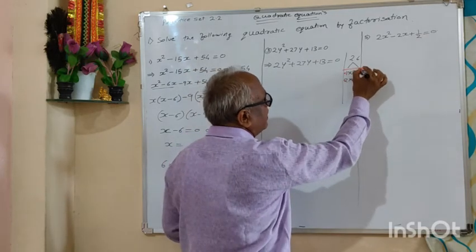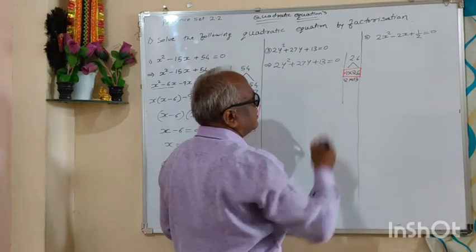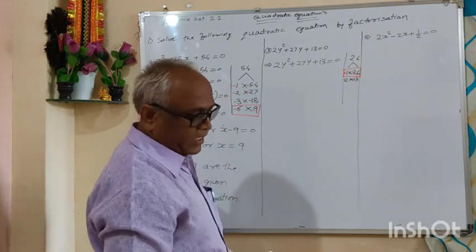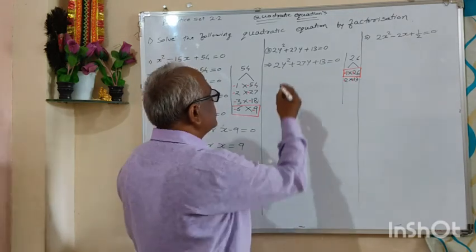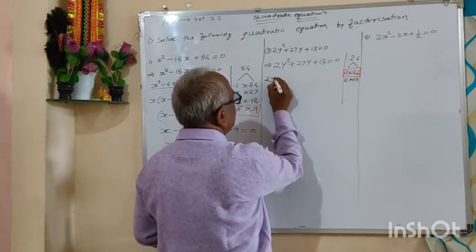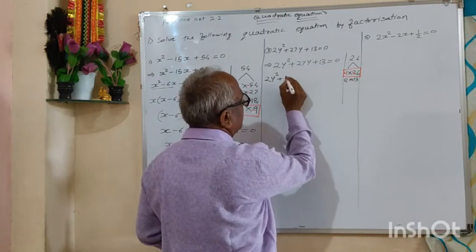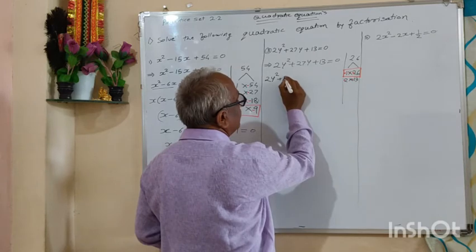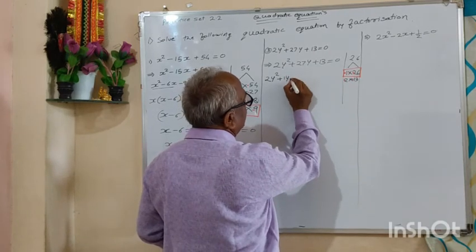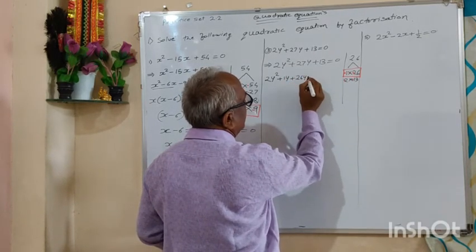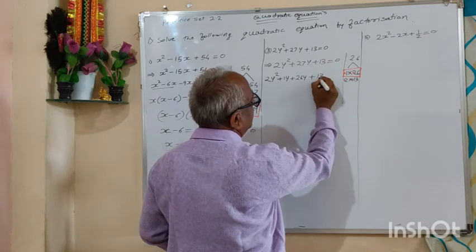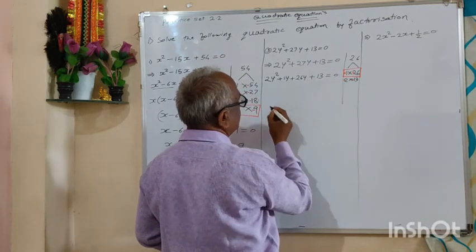That means the required factors are plus 1 and 26. Now split this term, that is 2y square plus 27y. We are going to take these factors now: 1y plus 26y plus 13 is equal to 0.